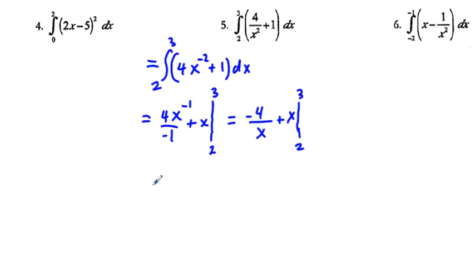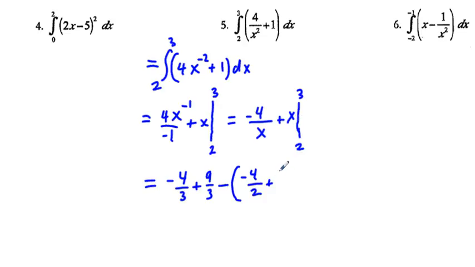Well, I'm just going to work below here now. We're going to have negative 4 over 3 plus, now we're going to be in thirds, so this x is 3, but I'm going to rewrite that in terms of thirds, as 9/3, and then we're going to subtract out, in this case we have negative 4 over 2, and plus, well, this x is going to be 2, right?